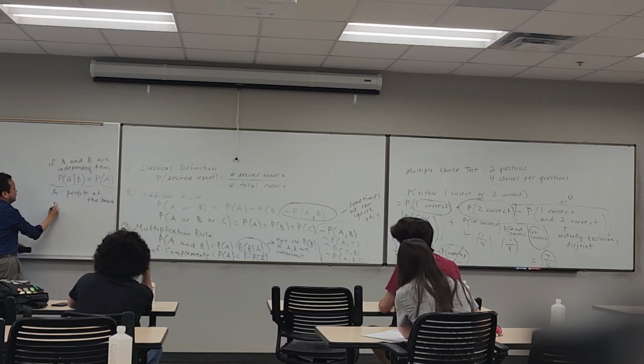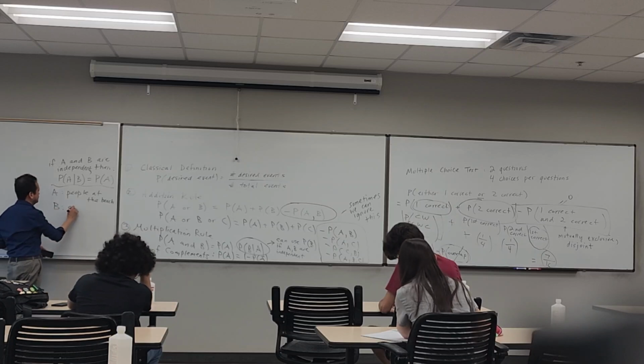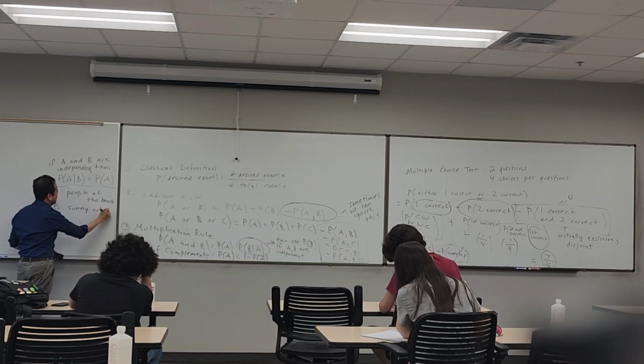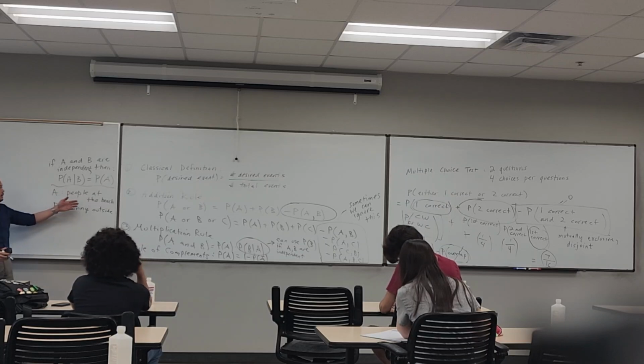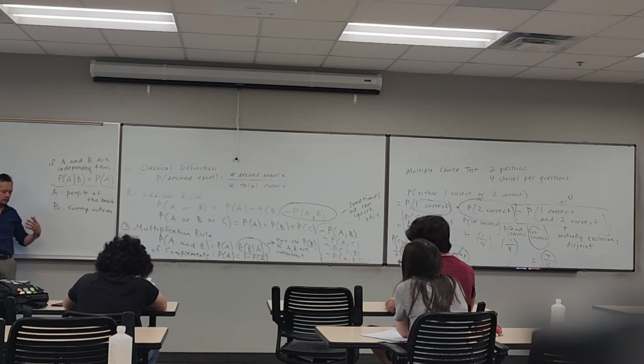And let's say event B is that it's sunny outside. So the question is, are these two events independent of each other? So instead of talking about it mathematically, let's talk about it conceptually.